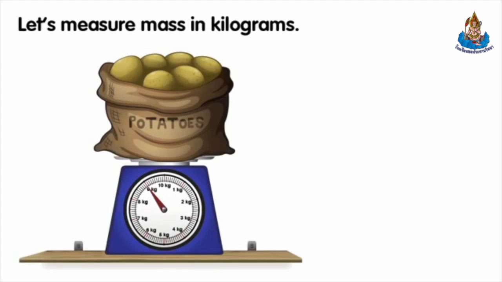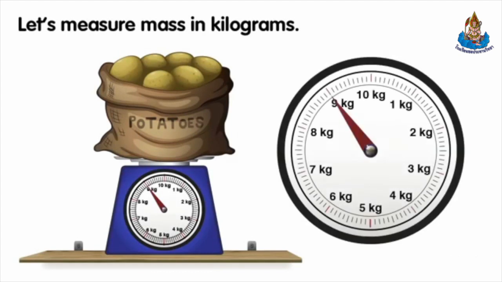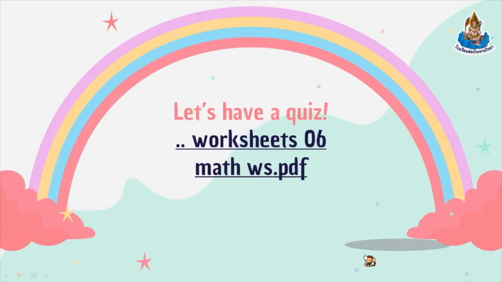How about this one? A half sack of potato. The pointer is pointing at 9 kilograms. Therefore, the mass of these potatoes is 9 kilograms. Okay, so that's our example for this time.